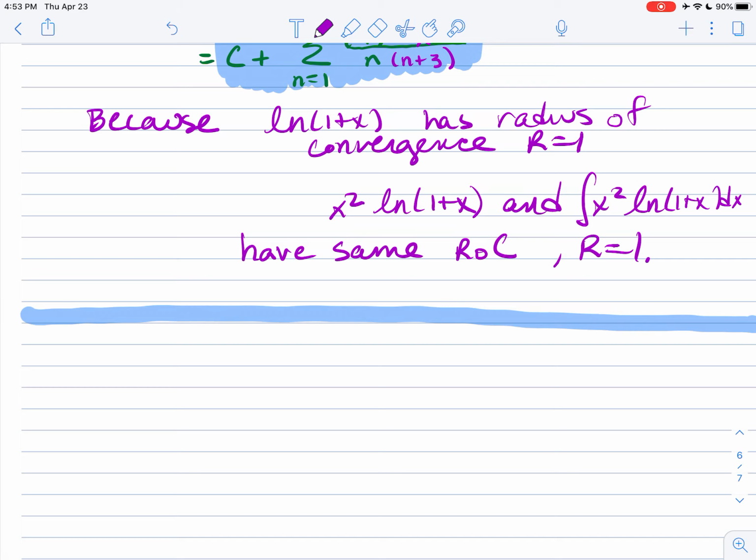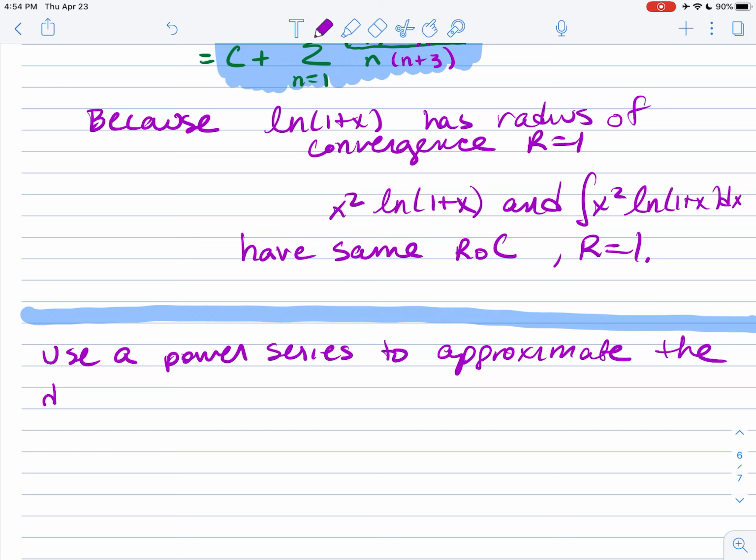So how about we use a power series to approximate the definite integral, accurate to 6 decimal places.